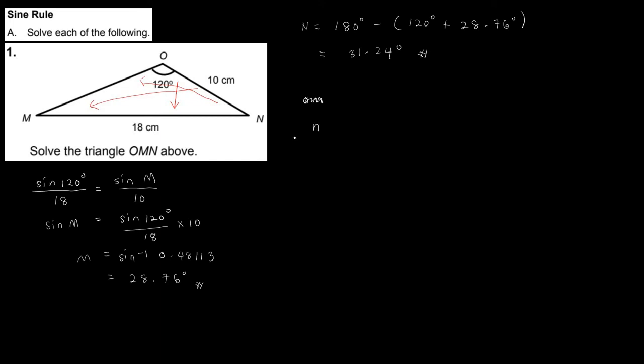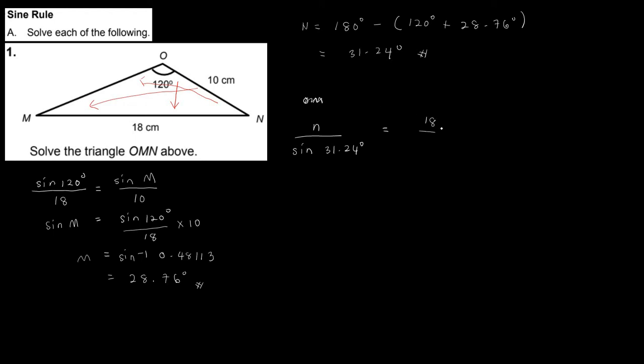Okay, small n because this side is opposite to the angle n. Small n over sine 31.24 equal, and I use 120 degree and 18 cm.